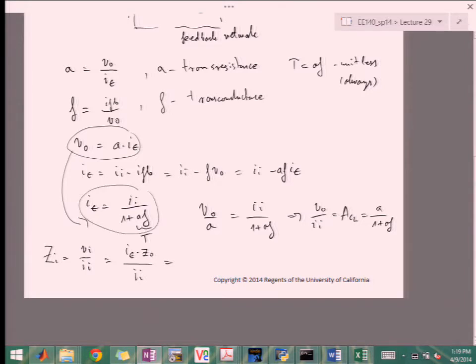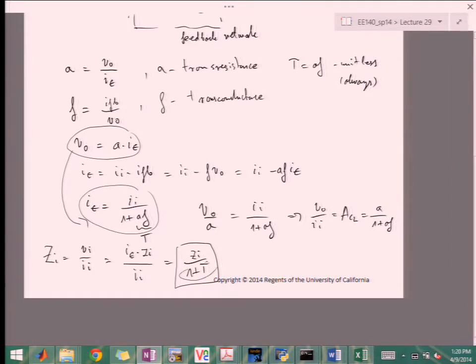So shunt always reduces the input impedance, by 1 plus T, so shunt feedback.